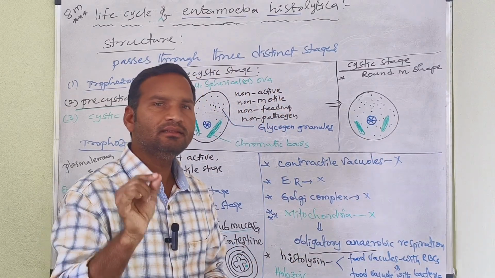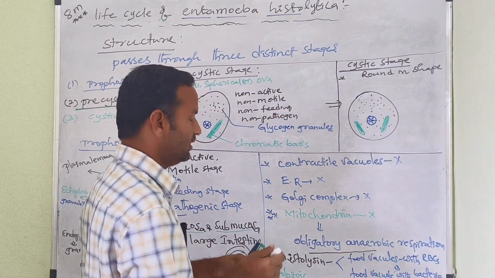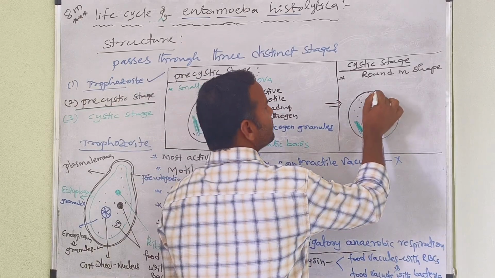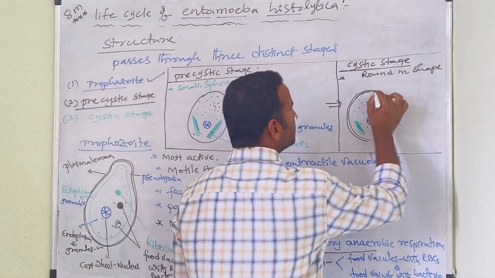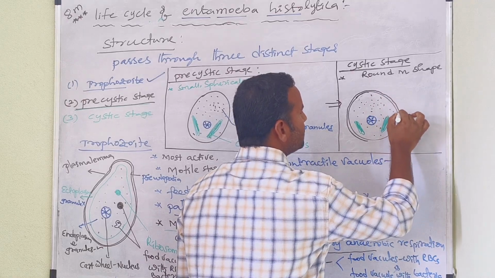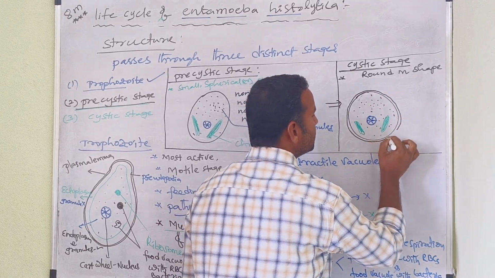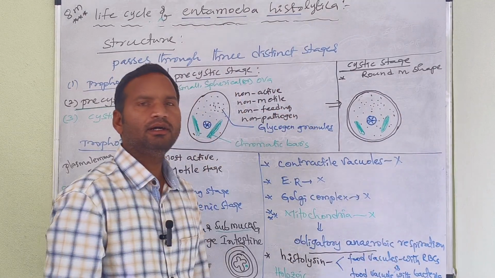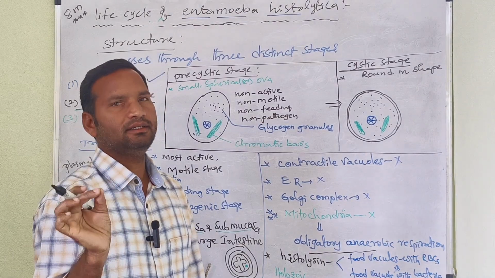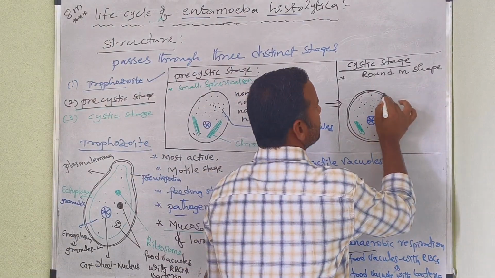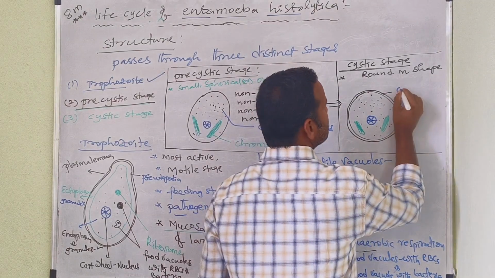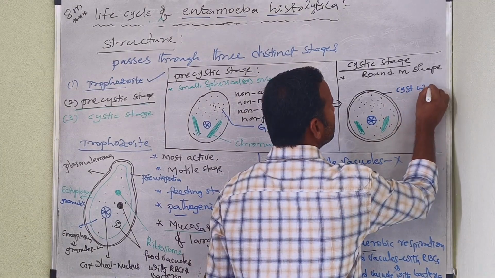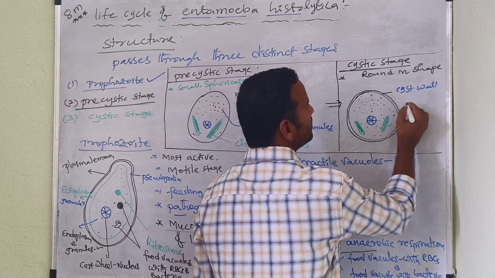But in this stage, especially, a cyst wall is developed around the body. The cyst wall is thin, delicate, and highly resistant. This is the cyst wall.